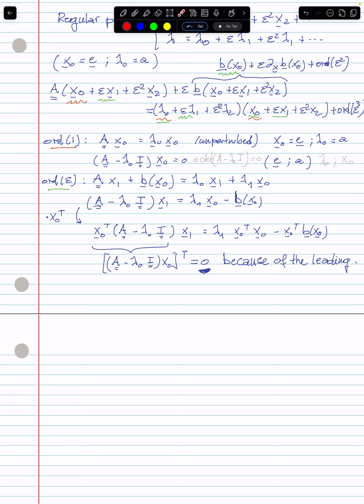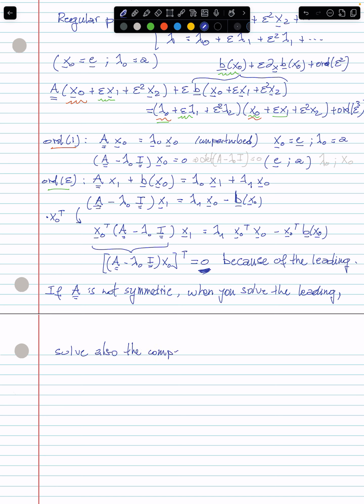If A was not symmetric, then there's an extra step to do, which is that at the same time as you compute x0 at the leading order, you need to solve also the companion problem, which is very similar and just consists in computing the left eigenvector.